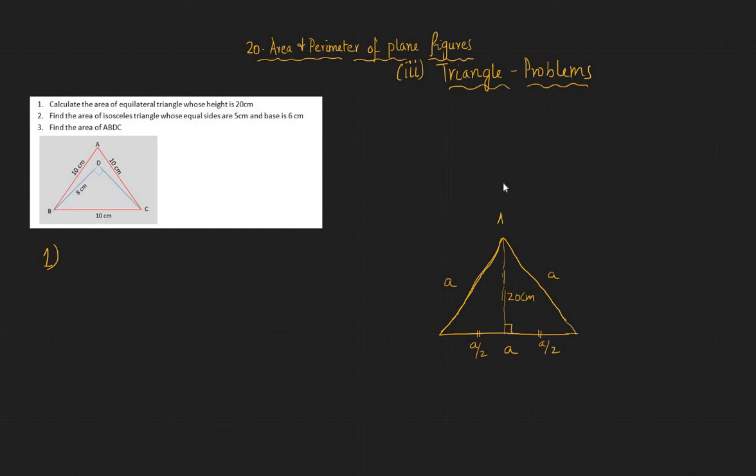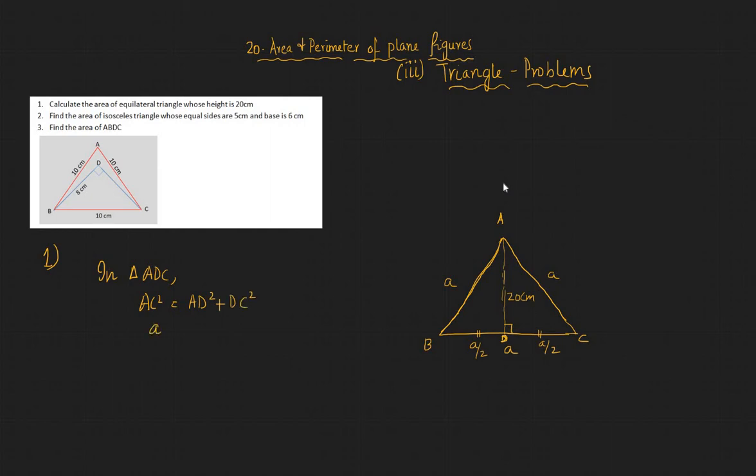Since you know the properties of this equilateral triangle, with these properties in hand, you can easily go about finding what you need. So in triangle ADC, we know that AC squared equals AD squared plus DC squared.